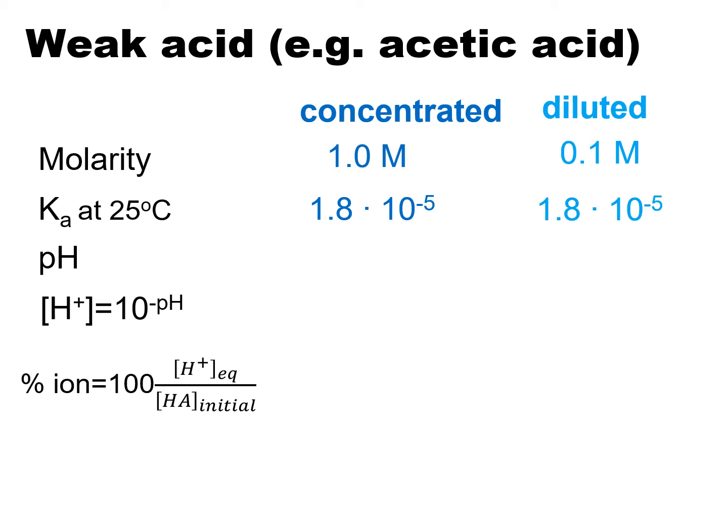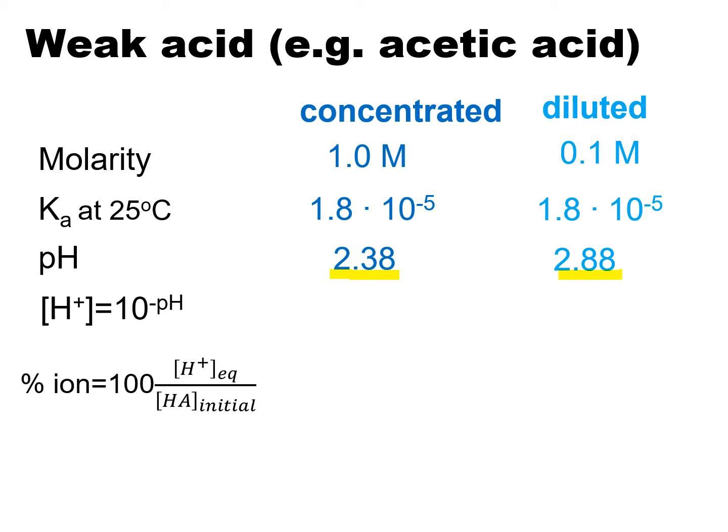You would expect that the pH is going to be more acidic for the more concentrated solution. So you would expect a lower value of pH for the concentrated one and a higher value of pH for the diluted one, right? And that's what in fact we have. A pH of 2.38 means that the concentration of the H plus is higher than for a solution in which the pH is 2.88.